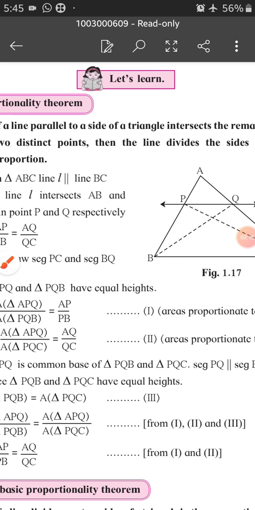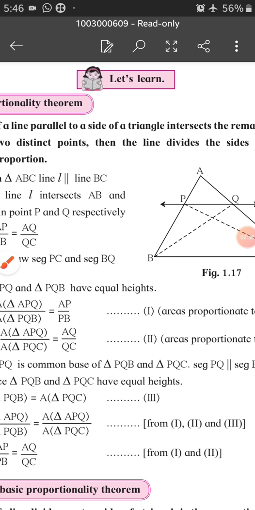We have to prove that AP upon PB equals AQ upon QC. Now we'll do the construction for that. We'll draw segment PC and segment BQ. So we write the construction statement and then we'll go for the main part of our theorem, that is the proof.